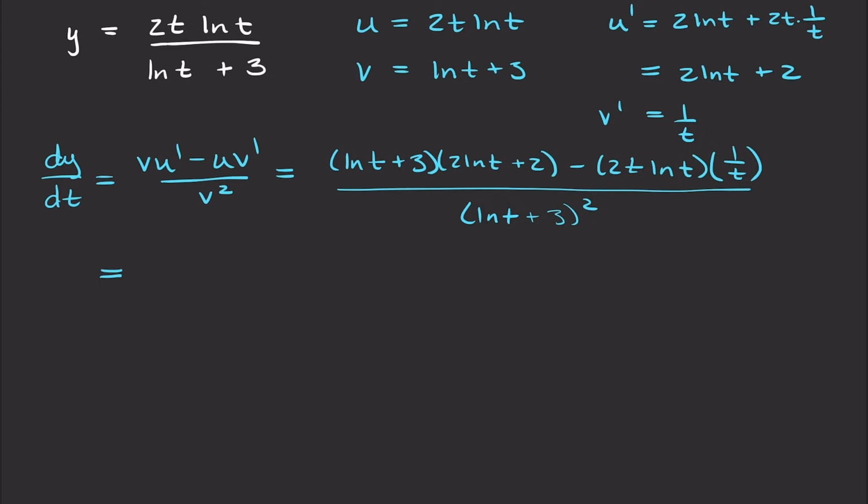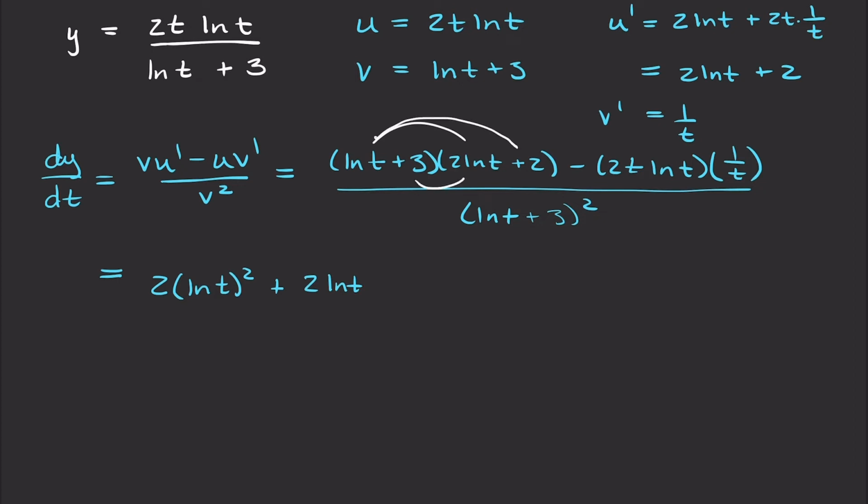Now if I distribute this out, I get 2 times the natural log of t squared plus, that's this term, plus 2 times the natural log of t, so that's this term.